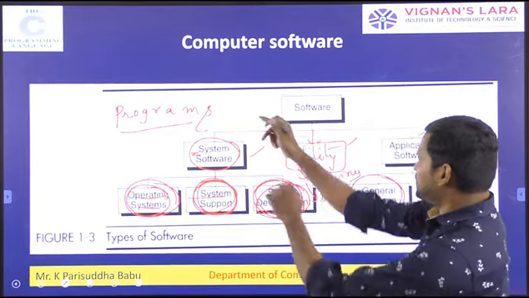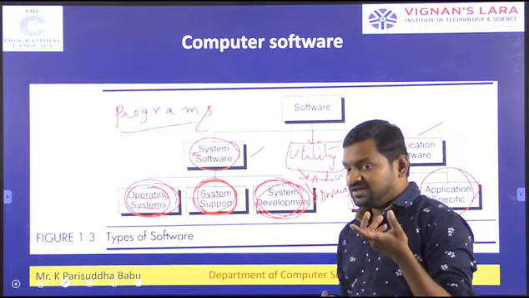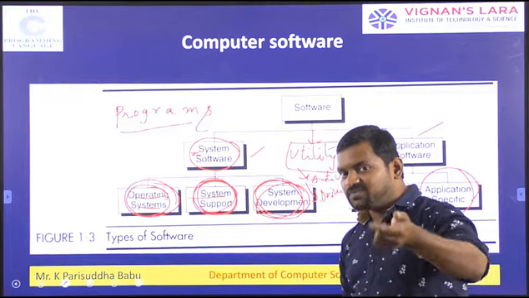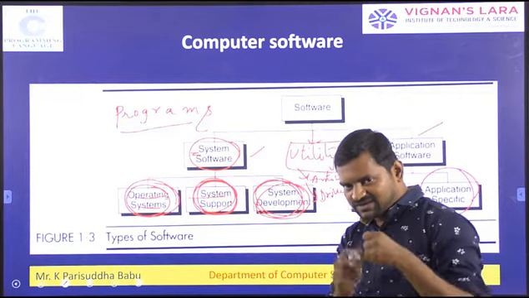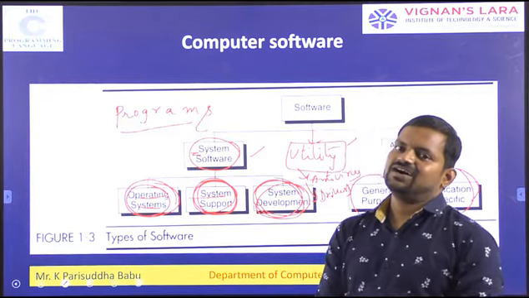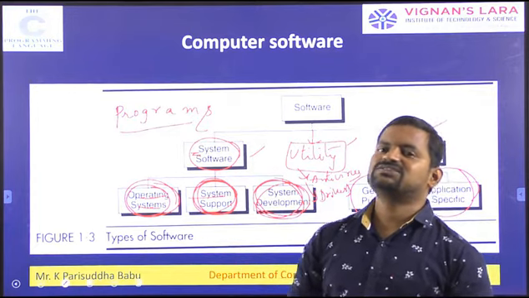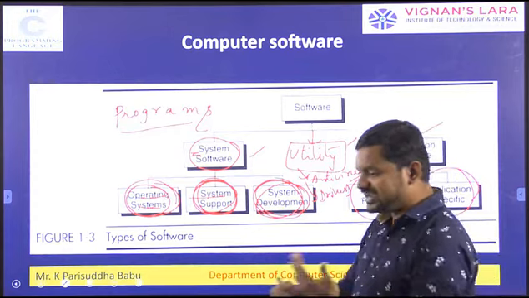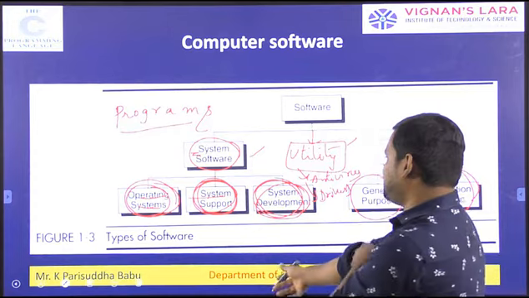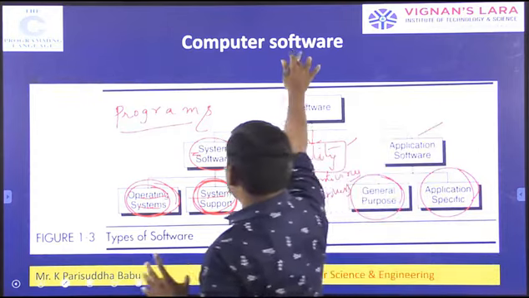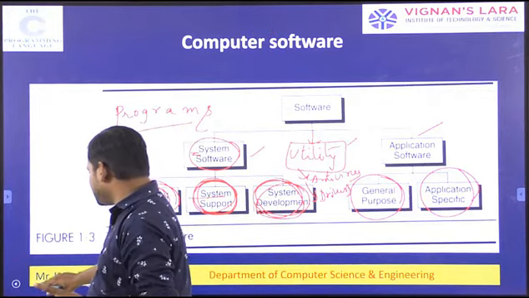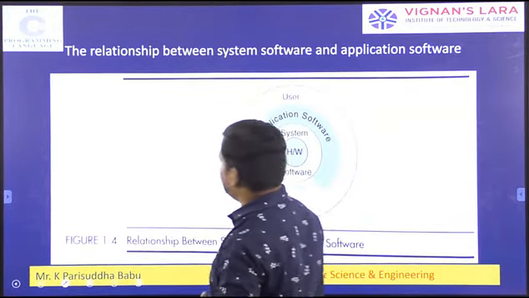That is computer software. Now, what is a computer system? A computer system is the combination of hardware and software. Hardware is the physical component that we can touch. Software is a program; we cannot touch it, but we can develop it. Computer software and computer hardware.